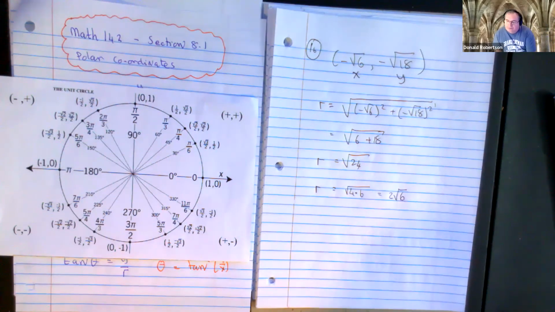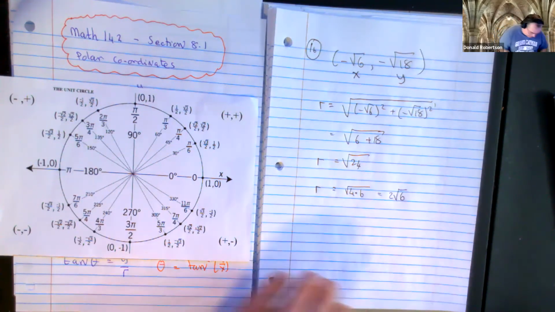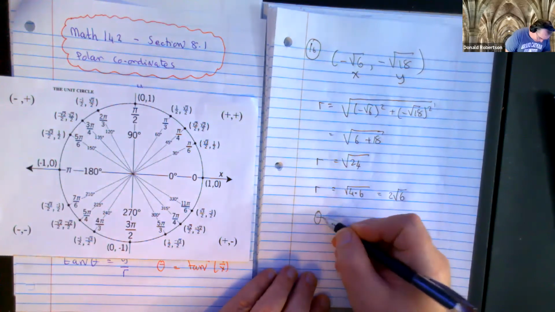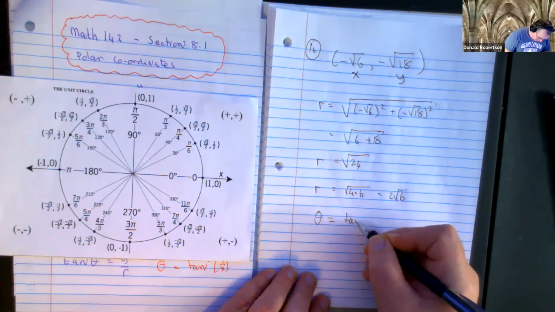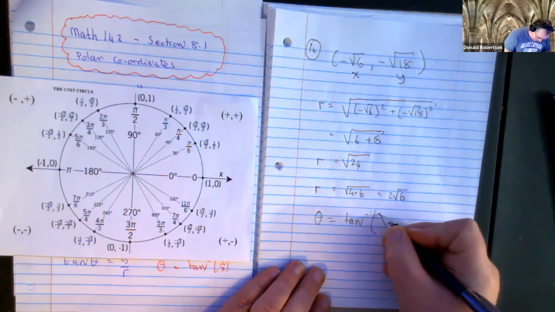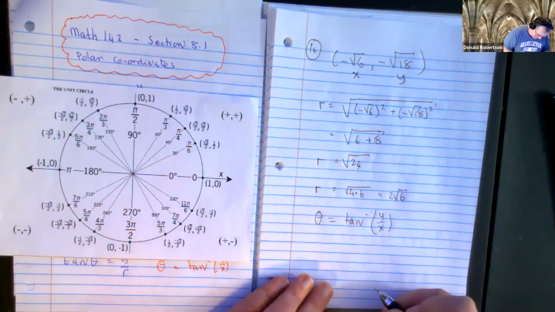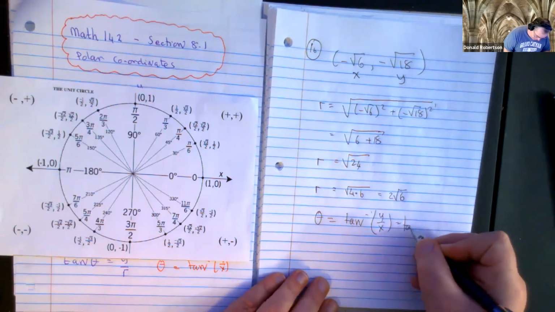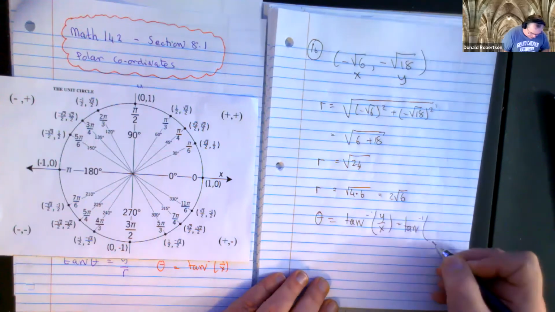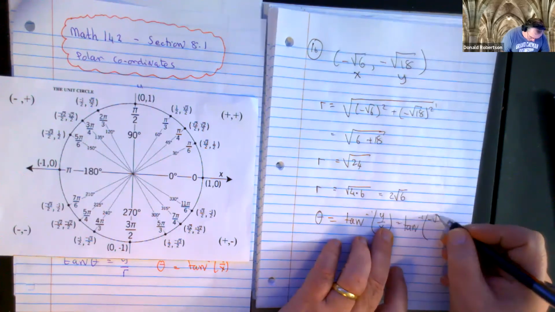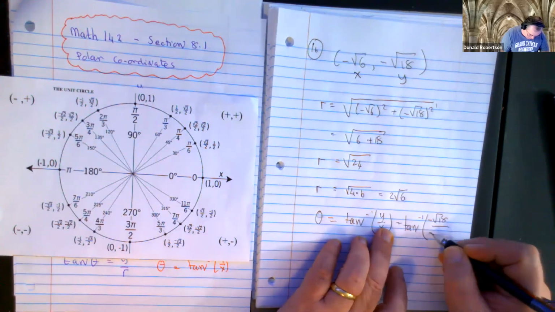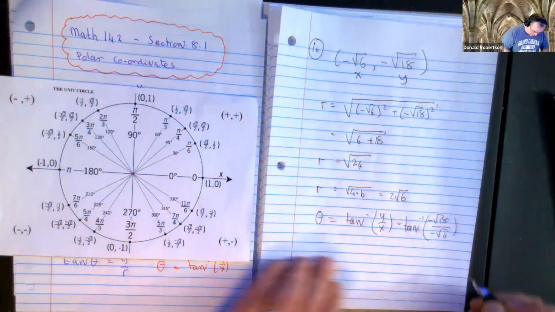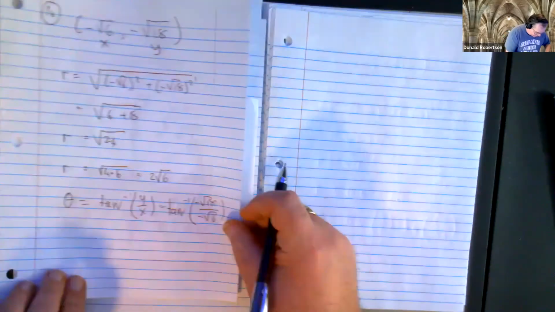Pretty close. Right. Now, to get theta, the missing angle, again, we're sticking to radians. It's going to be that. So I'm going to have to find the inverse tan of negative this fella over negative this fella. So I'm going to do that at the side.